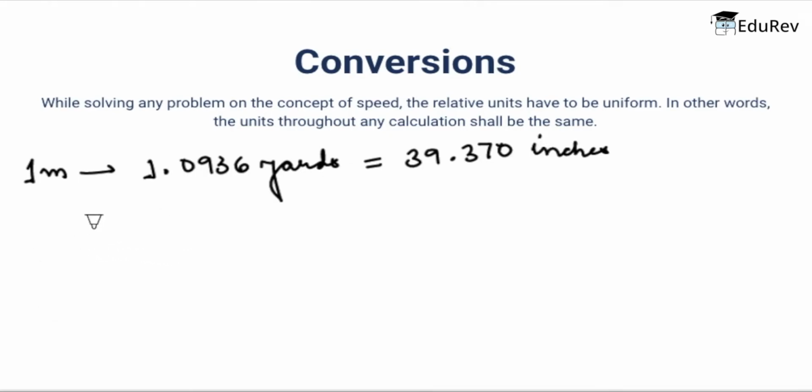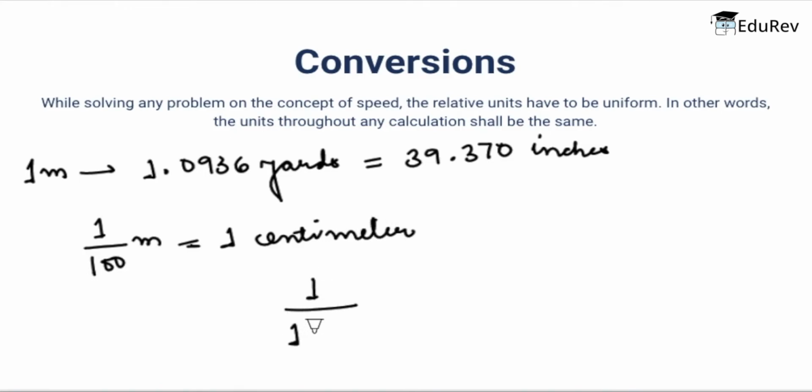Also, 1 upon 100 meters equals 1 centimeter. And 1 upon 1000 meters is nothing but 1 millimeter.